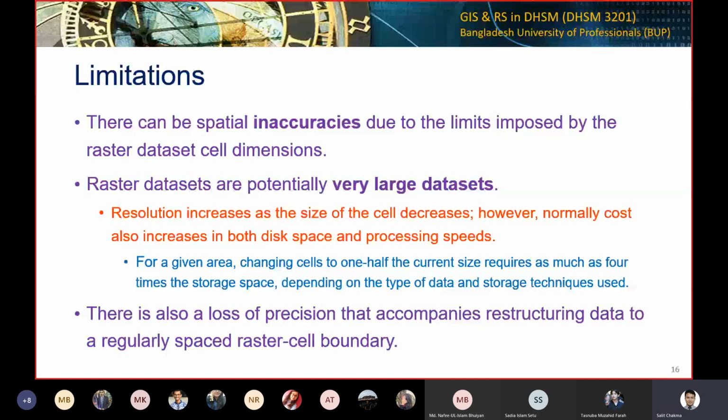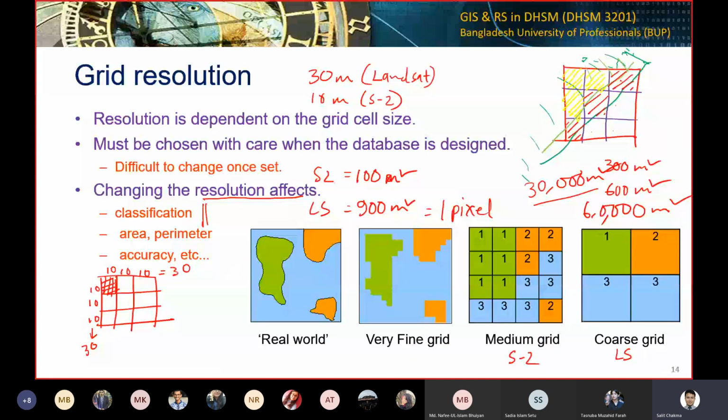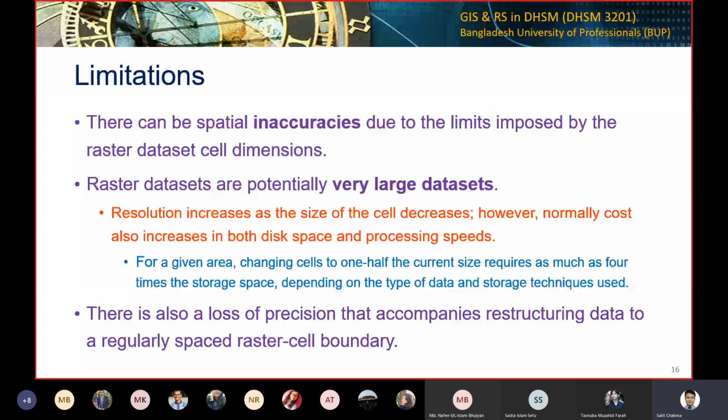So limitations: from this previous example, you have already realized one of the big limitations is the accuracy. Many times, accuracy is lost because of the structure or size of the cells. Also, in vector, for one line you have just a single line, but in raster, for one line you have a series of cells.